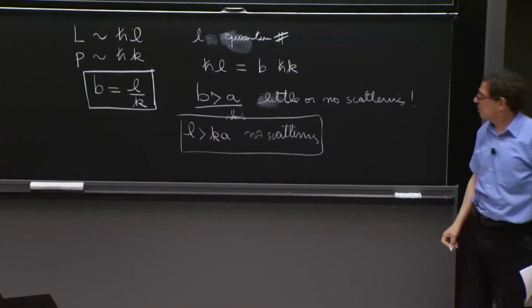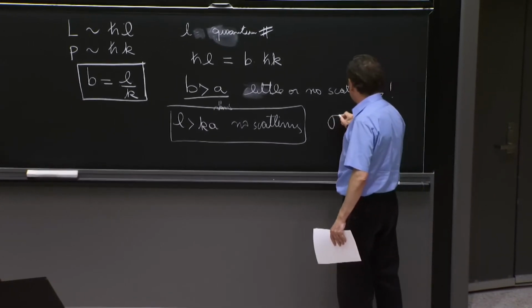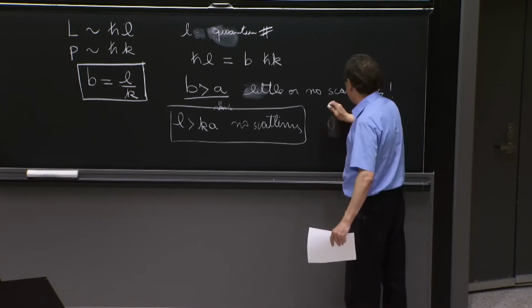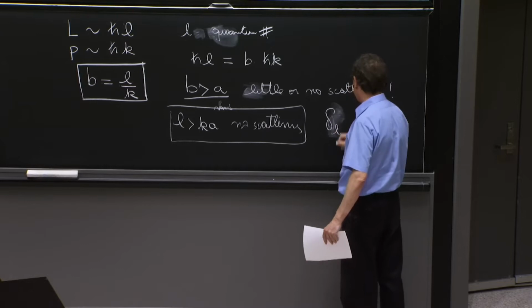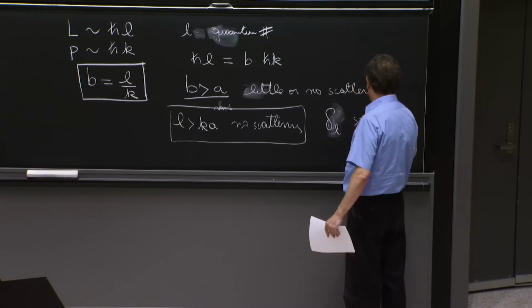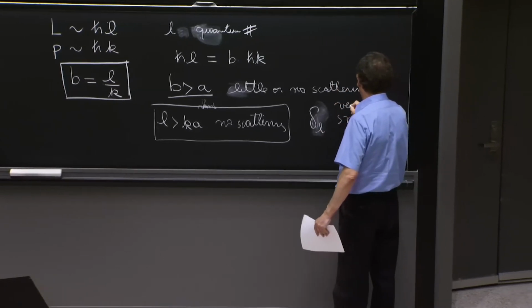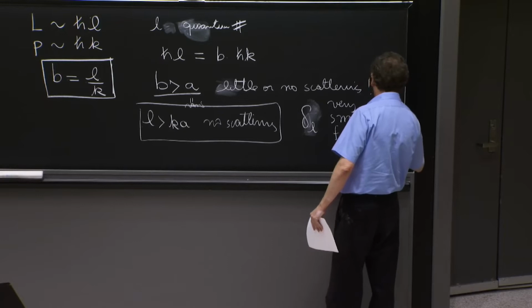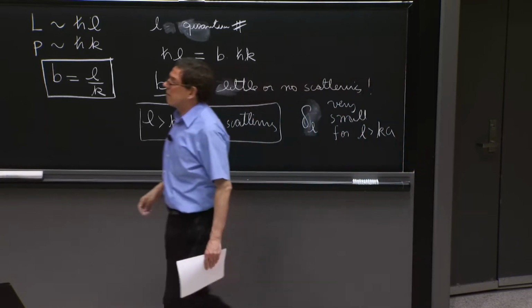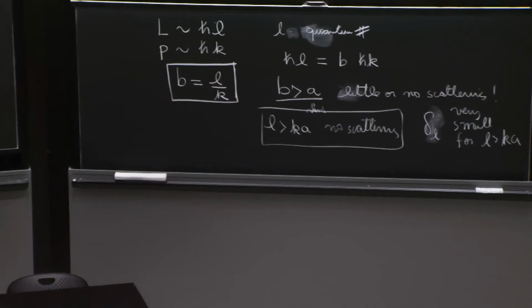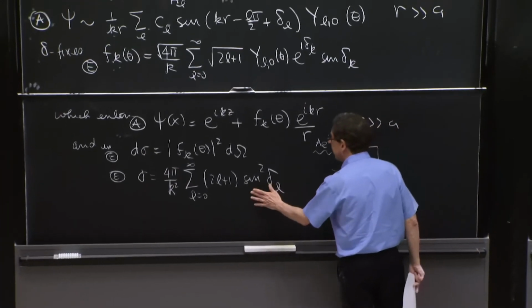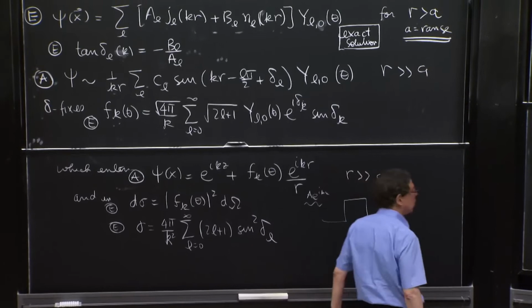So the delta l's, the phase shifts, are very small for l greater than ka. The phase shifts enter here as sine squared of the phase shift, so they must be very small because they just pretty much don't contribute.